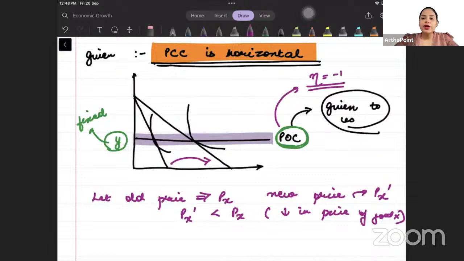So what I am doing in this case is that we are starting with the fact that the price of the good has decreased.